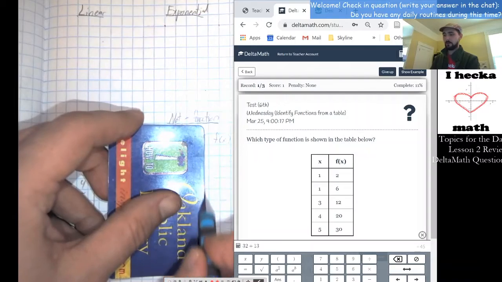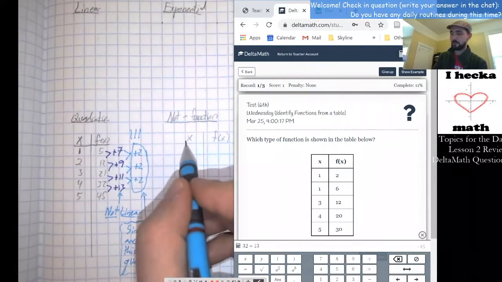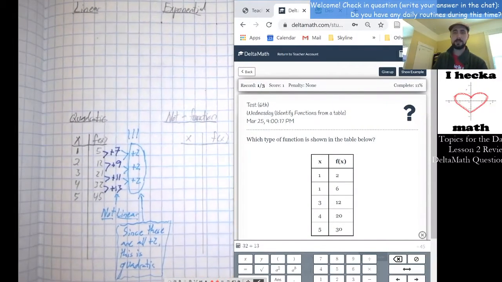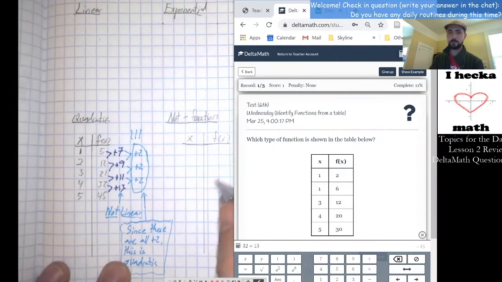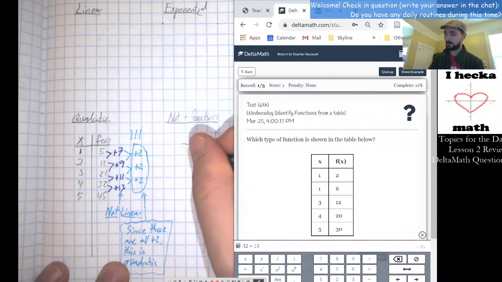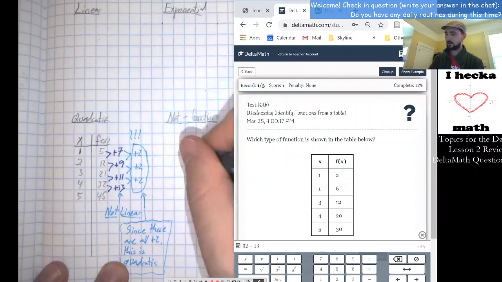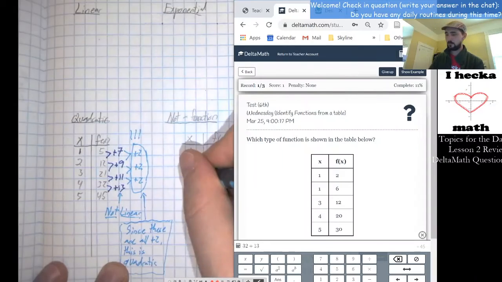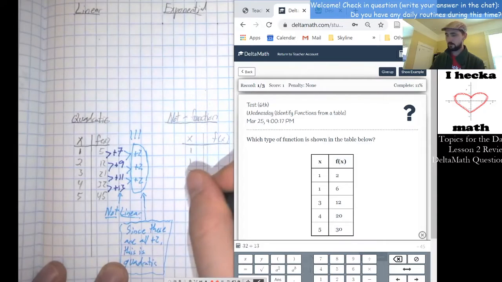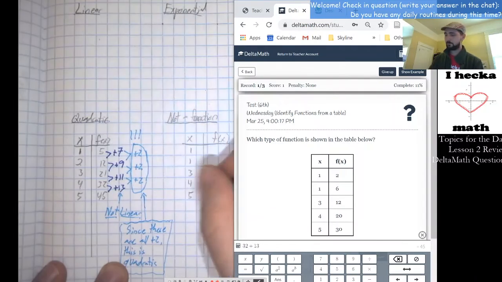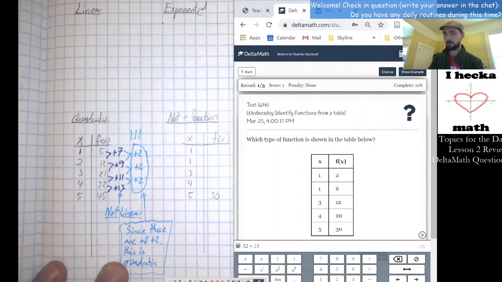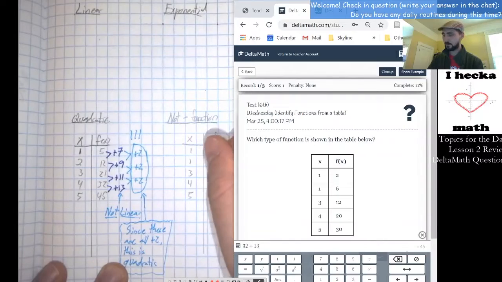Can you figure out why this is not a function? What do you have to pay attention to be able to do that? All right, in this case, the first x value is 1. The second x value is 1, 3, 4, and 5. And then the y values are 30, 20, 12, 6, and 2.